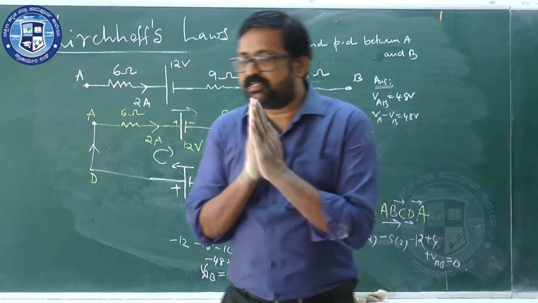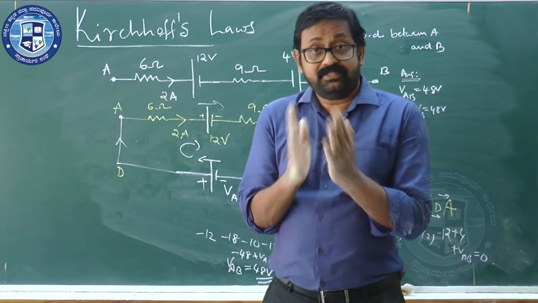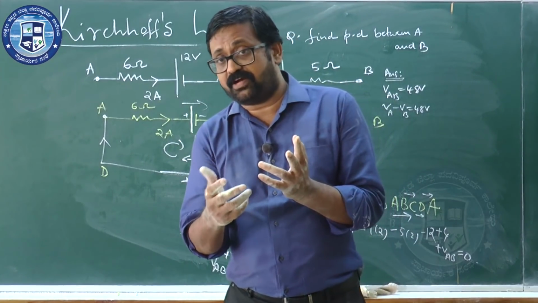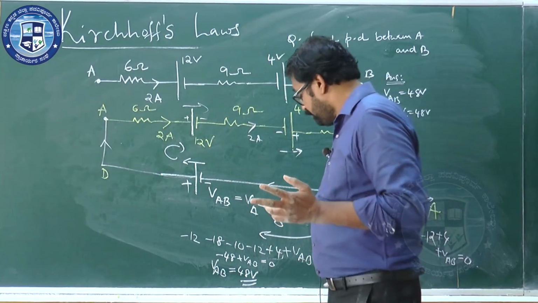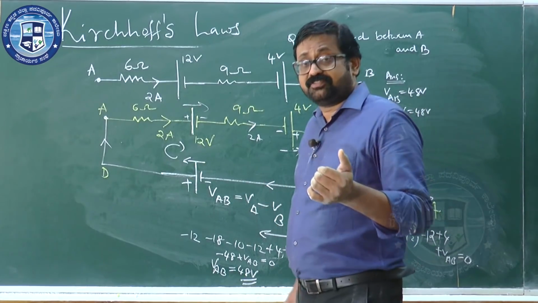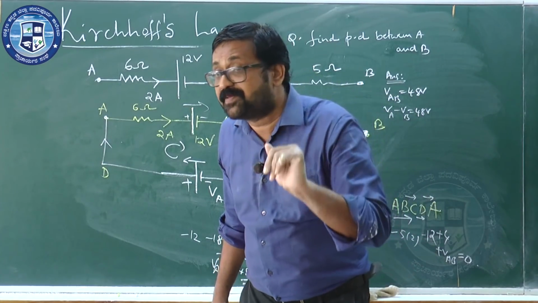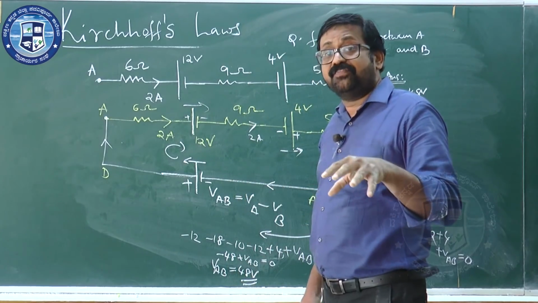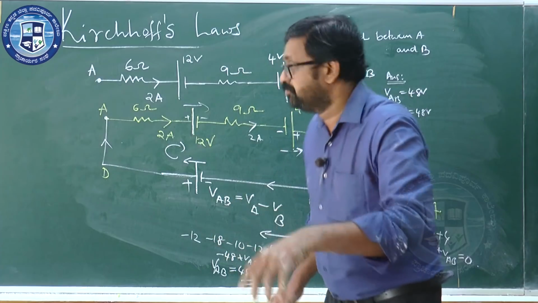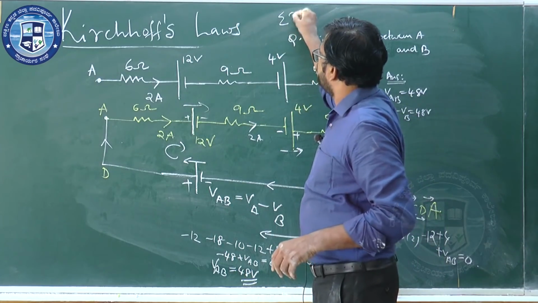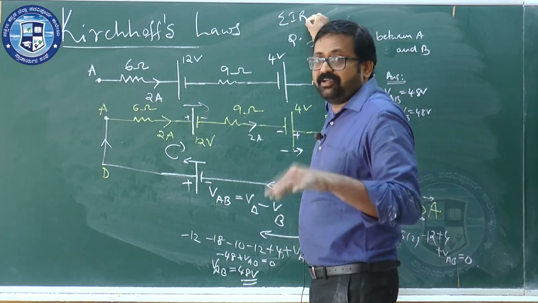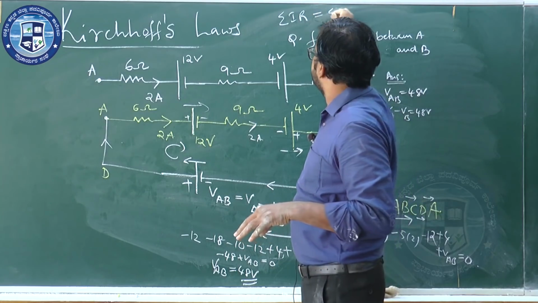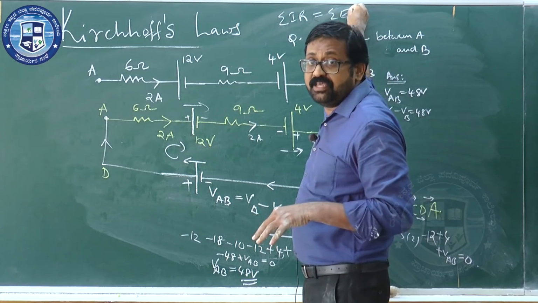Okay, so till now we have learned Kirchhoff's first law, Kirchhoff's second law, and application of the first law and application of the second law. And I told you that Kirchhoff's first law signifies law of conservation of charge. I explained this. Similarly, Kirchhoff's second law signifies law of conservation of energy. Kirchhoff's second law can also be given as the algebraic sum of the product of current and the resistance is equal to algebraic sum of the EMFs.